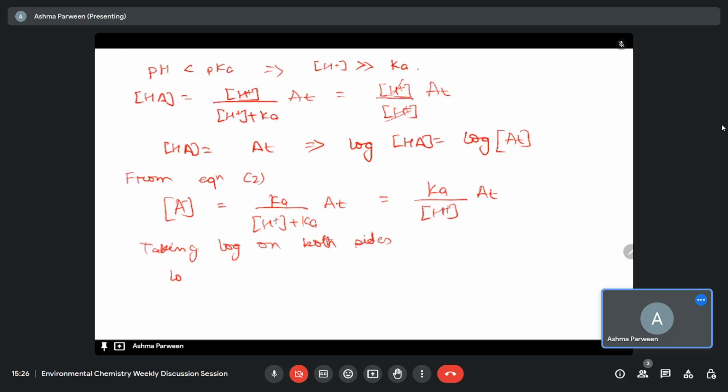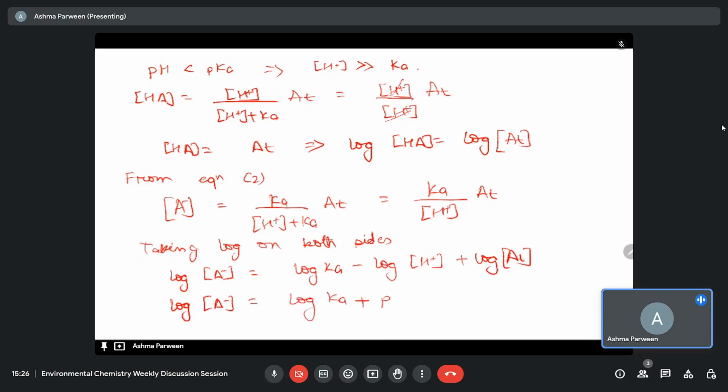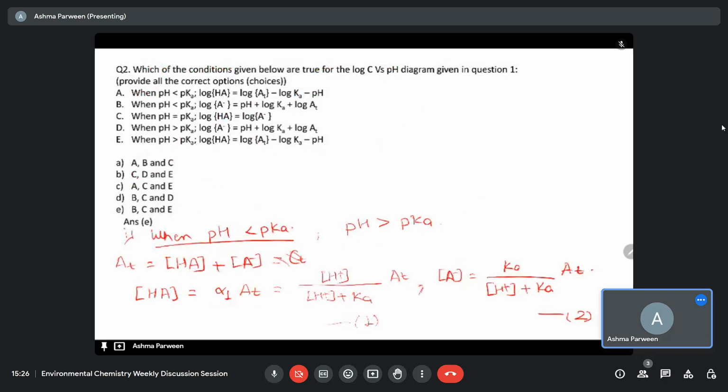We will get log A minus equals log Ka minus log H plus plus log of At, which is log A minus equals log Ka plus pH plus log At. So let's see. The first option is not correct. Second option is correct. So B.